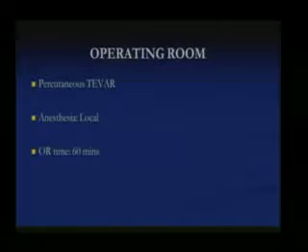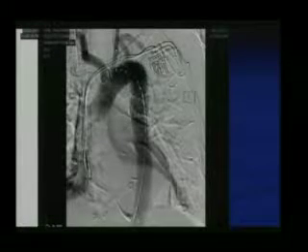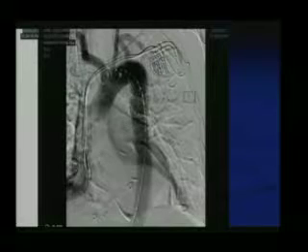So again, the same steps: right common femoral artery access, 2 closure devices, and then we performed the TEVAR. The operating room time was 60 minutes. And this is the completion angio, which demonstrates the innominate, the carotid, the vertebral artery from the aortic arch, and the subclavian.